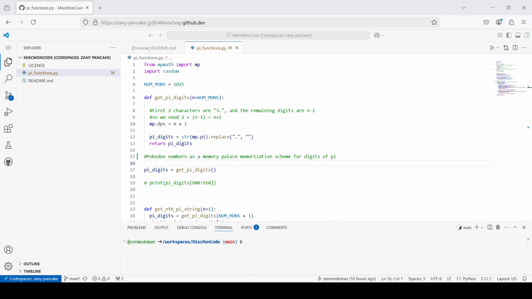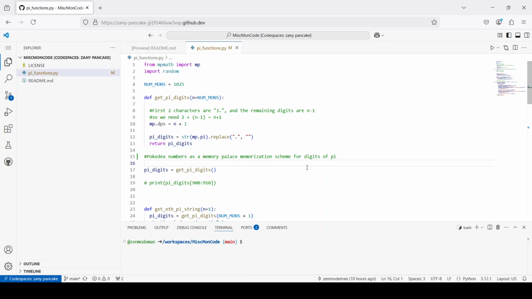Hello, this is my Pi Day video, and I'm going to be talking about my project that I call Pokemon Pi that I started since last Pi Day. Basically the idea here is to use Pokedex numbers as a memory palace memorization scheme for digits of pi.